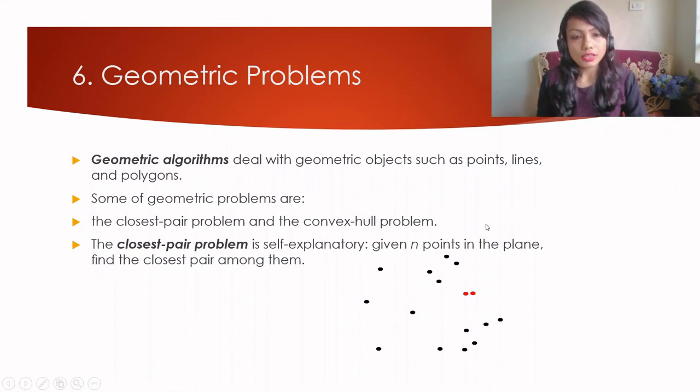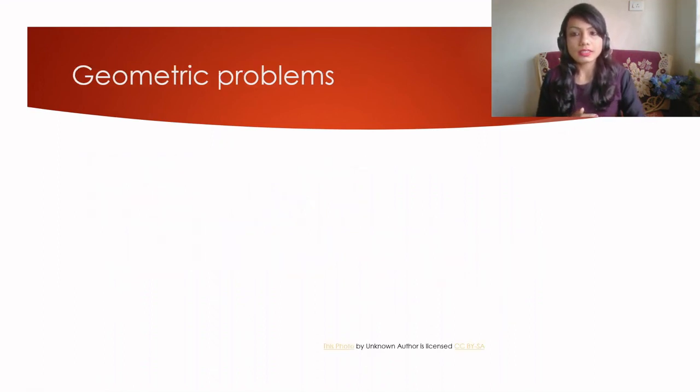So this can be a closest pair because they are near to each other. This might be one more closest pair. So these two might be one more closest pair. This red one also can be one of the closest pairs. So you have to find, in a set of n points, the closest pair among them.